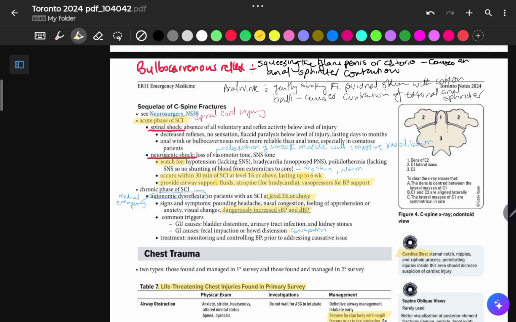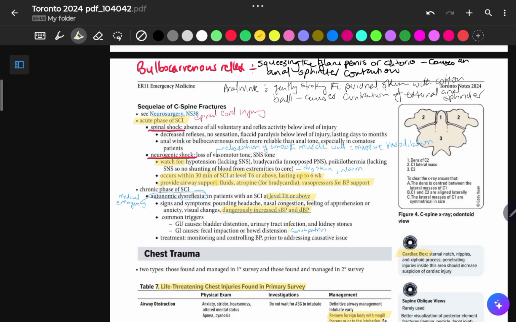They are going to have dry skin. They're going to be warm. So the sympathetic nervous system is lost, and so there's no shunting of blood from the extremities to the core. Patient will be dry. They'll be warm.